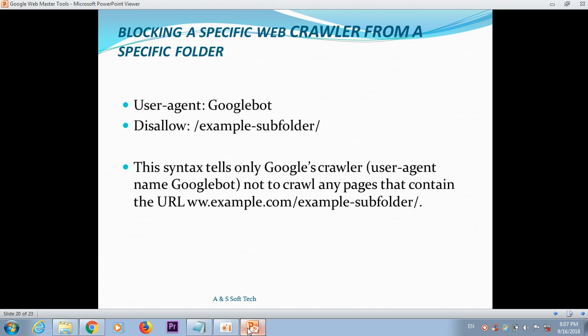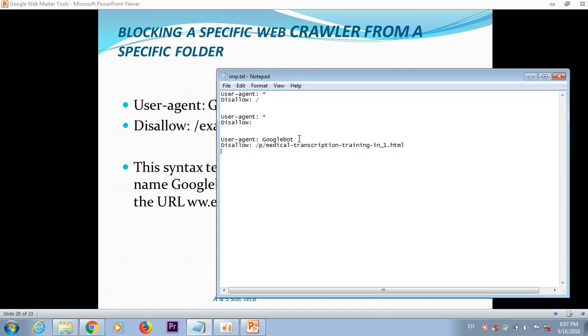You want to block a specific web page, this is the syntax. User agent Googlebot and disallow slash, you have to give a slash and an example folder. So see, user agent Googlebot and slash, this is the folder, right?